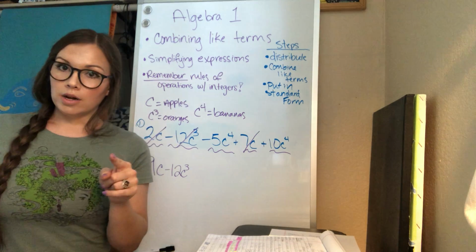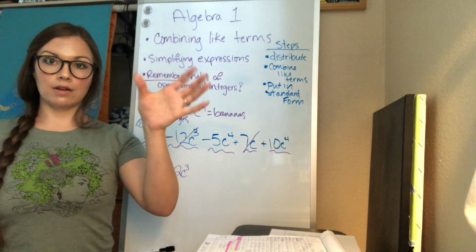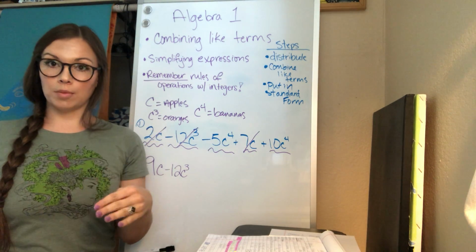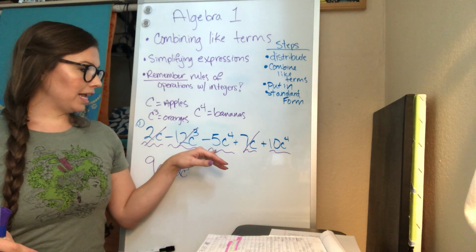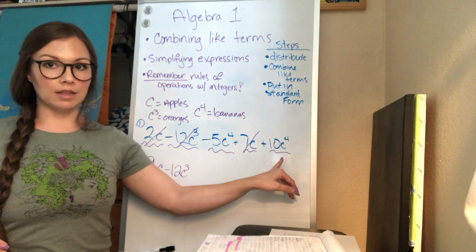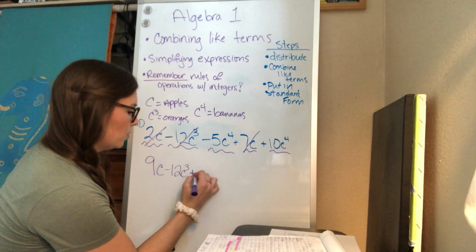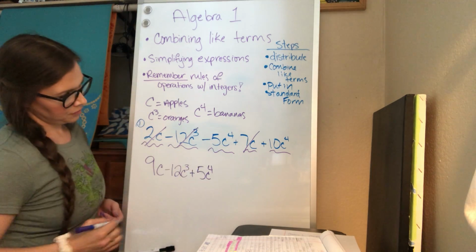If you don't, I can get you one, that has the rules of when you add and subtract positive and negative numbers, and when you multiply and divide positive and negative numbers, because we all know from class that it's really specific. So if I have negative 5 bananas plus 10 bananas, then I end up with positive 5 bananas, right? So I'm going to do a plus 5c to the fourth. Okay?